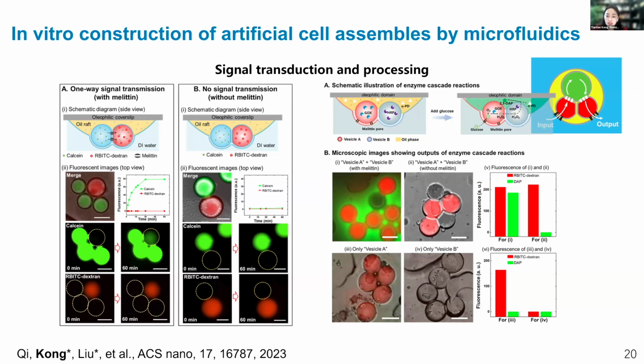And this allows us to coordinate signal transmission and enzyme cascade reactions among these droplets. We can effectively replicate droplet-to-droplet and droplet-to-environment communications. And this approach can be extended to form hybrid cell and protocell spheroids as a new kind of biomaterials.